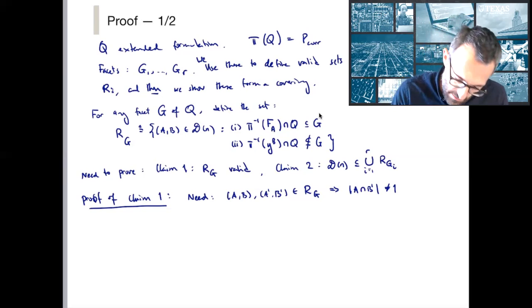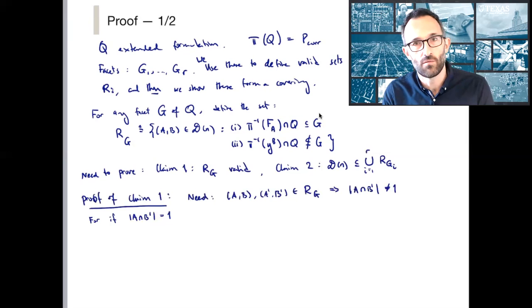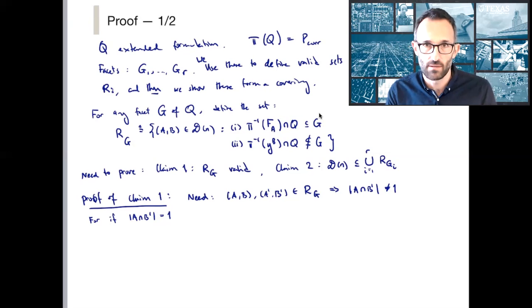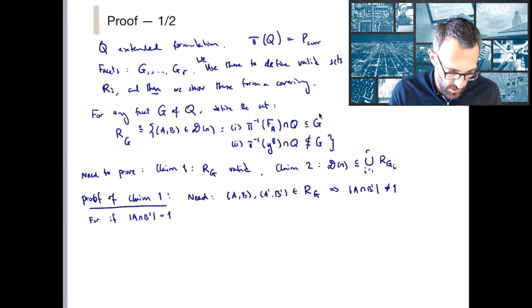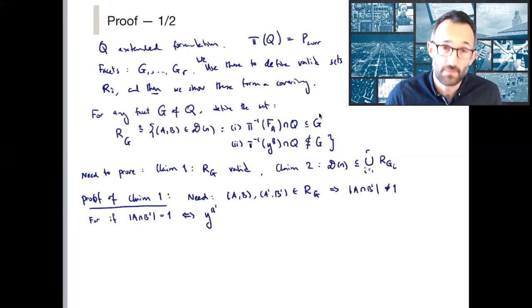Now let's suppose it does. If A intersect B' has size 1, what does that mean? Remember, this is the magic of our special faces F_A. A vertex is in F_A if and only if the two sets that define them respectively have intersection 1. So this is exactly equivalent to writing that the vertex corresponding to B' is in F_A.